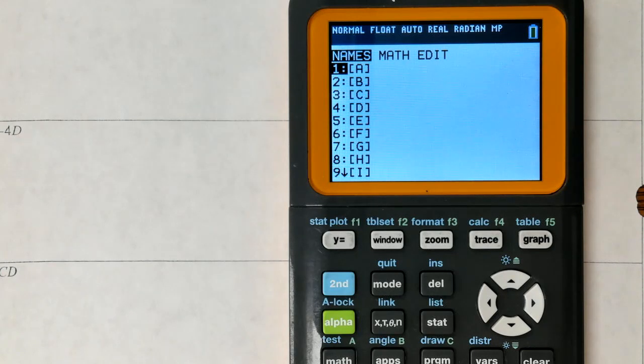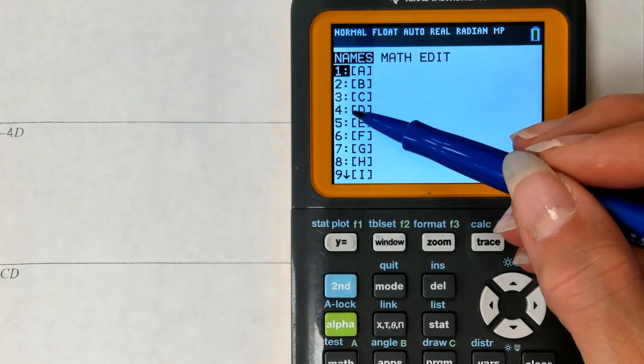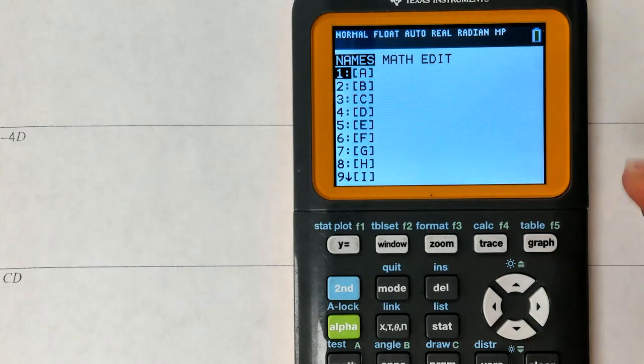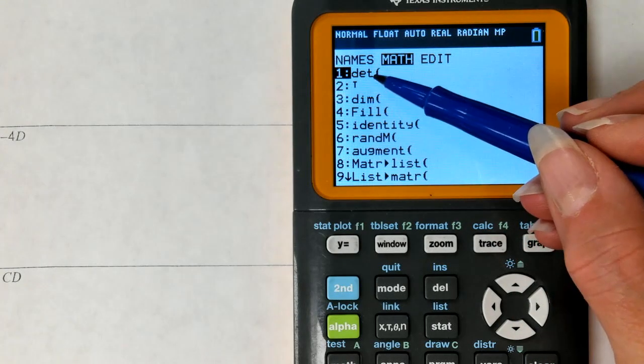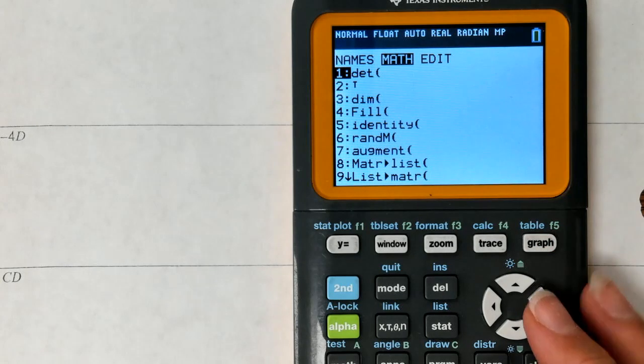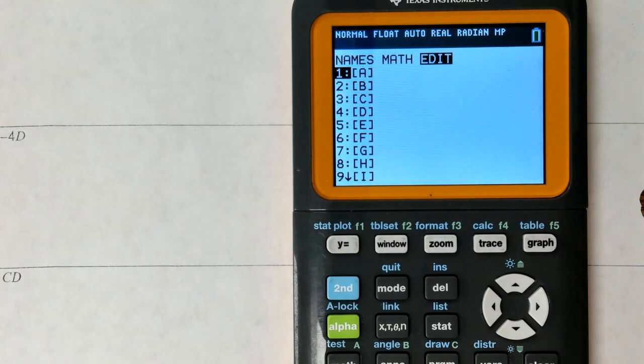I just kind of reset it. This is where we call up the name after we've put the information in. This is where you have math. CDET is right there under math. It's kind of cool. Move on over. Do you guys see edit? Edit is where you actually enter the information.